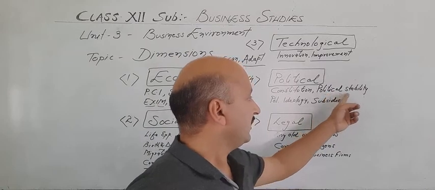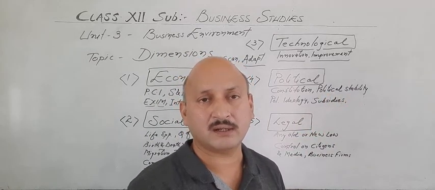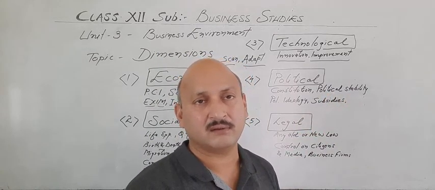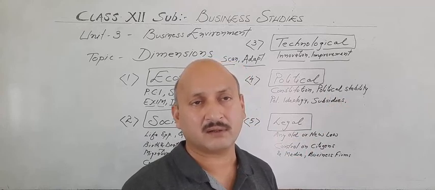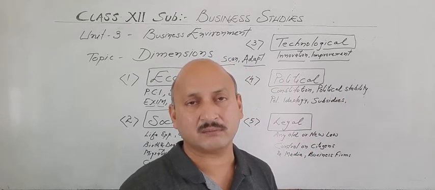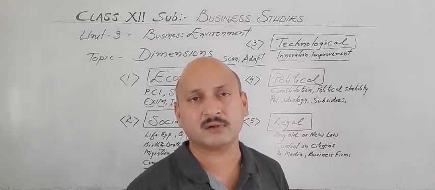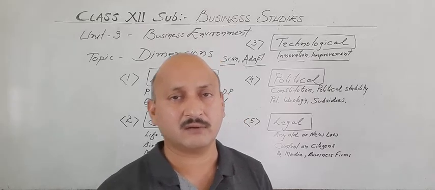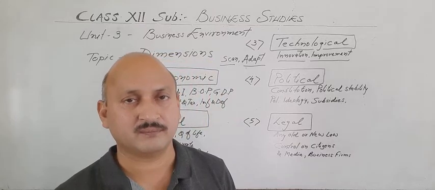There must be a political stability. Political stability here means the prime minister or the government which is chosen must work for at least its full tenure. And what is full tenure? It is a 5 years term.